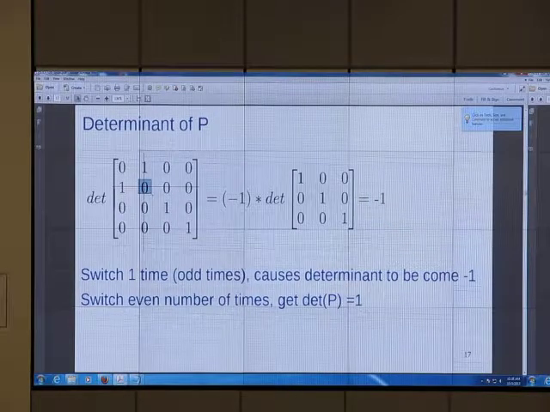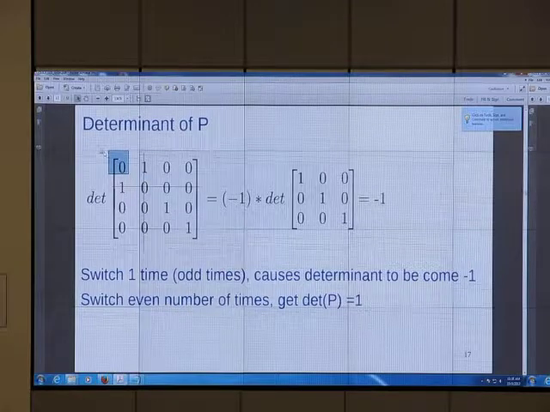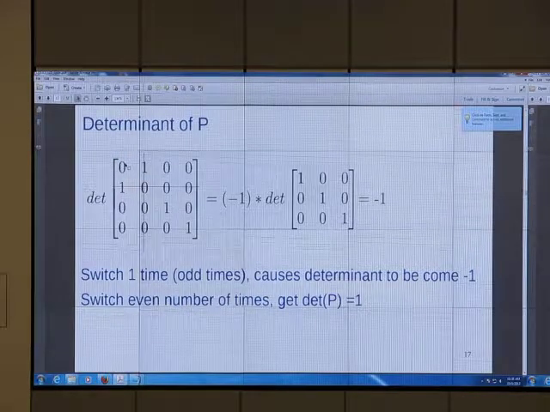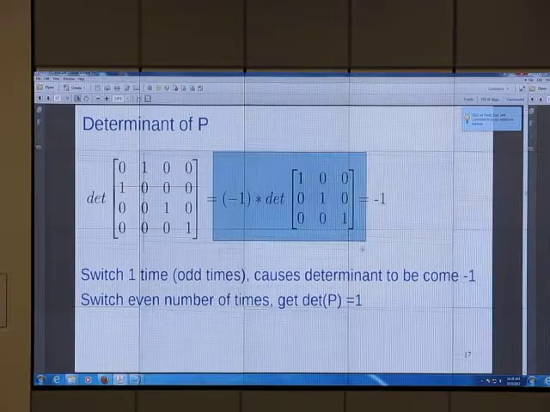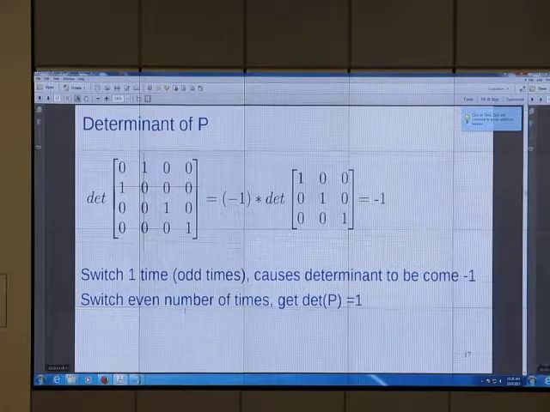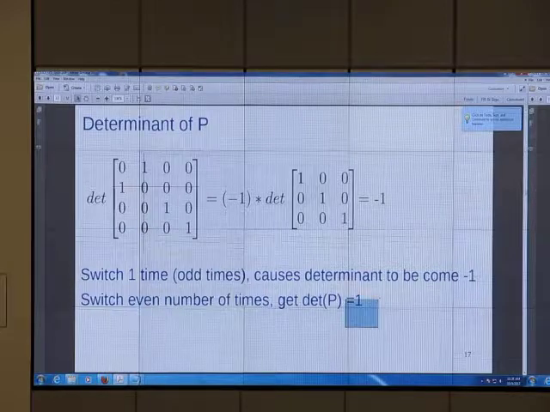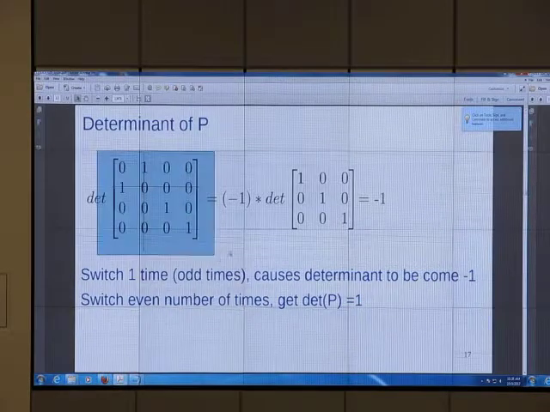Switching one time, an odd number, causes the determinant to become minus 1. Switching an even number of times, we get a determinant equal to 1. So this matrix is switching just one time.